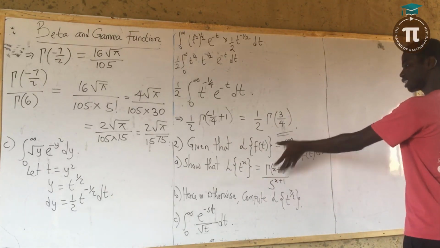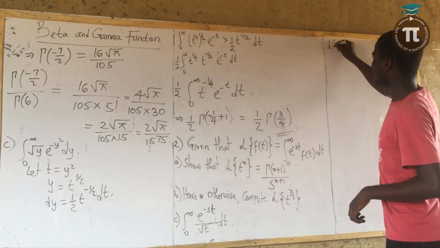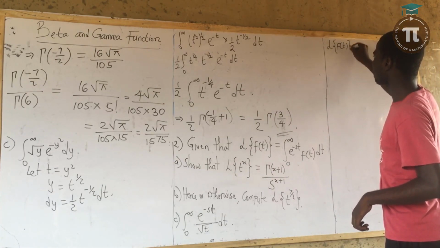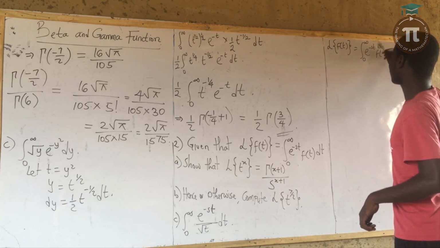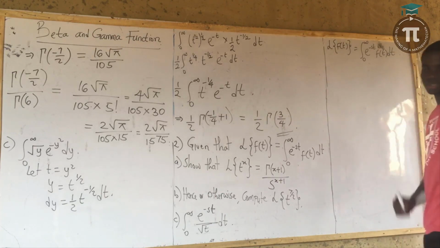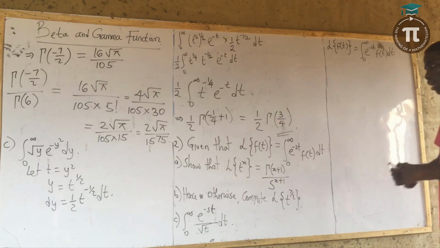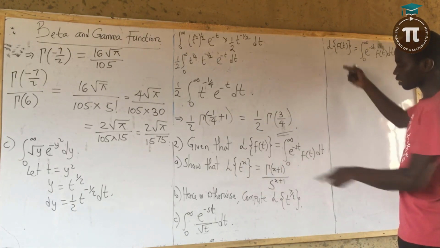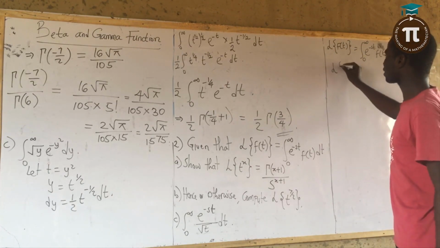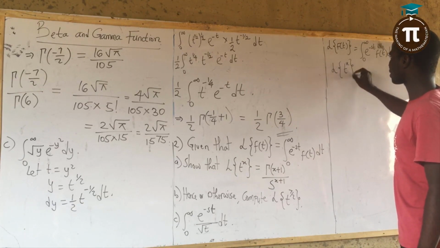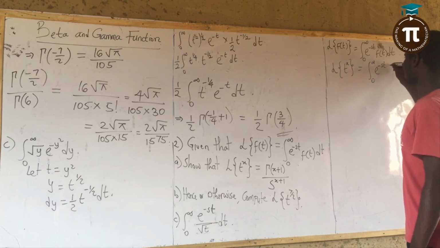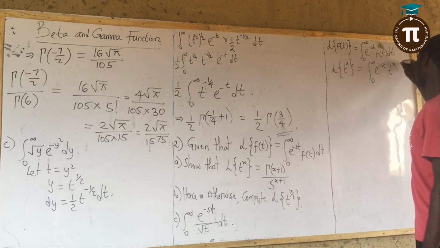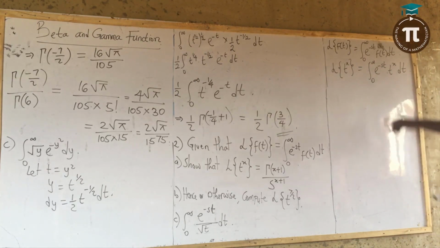So, without wasting time, we compute. I will start from what we are given. We are given that the Laplace of a function f of t is equal to integral from 0 to infinity of e raised to power minus st f of t dt. So, they now ask me to show that. So let f of t be t raised to power s, which means that Laplace of t raised to power s will be integral from 0 to infinity e raised to power minus st multiplied by t raised to power s dt.